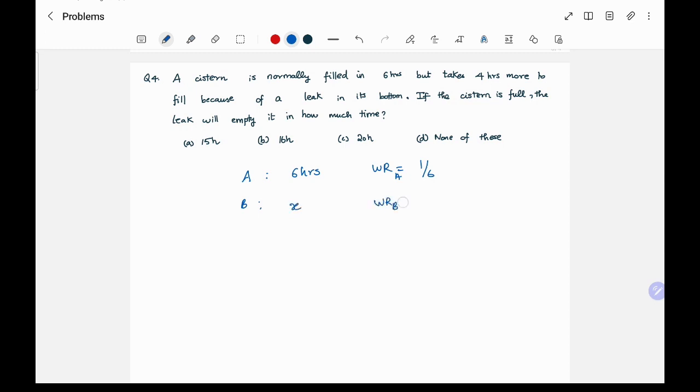So work rate of B is minus 1 by X. So 1 by 6 minus 1 by X is nothing but they are giving us 4 hours more. So it is 6 plus 4, which is 10. So 1 by 6 minus 1 by X is equal to 1 by 10. If we find X, then we can find how much time, since X itself is the time taken.